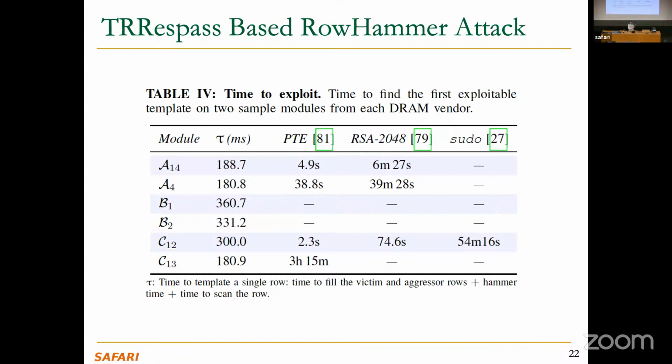They looked at real-world attacks that are based on RowHammer bitflips, doing privilege escalation or extracting RSA keys, and they checked the time to exploit these and observed that you don't need much time to actually get some keys in real systems when you use TRRespass, or get root privileges and so on.